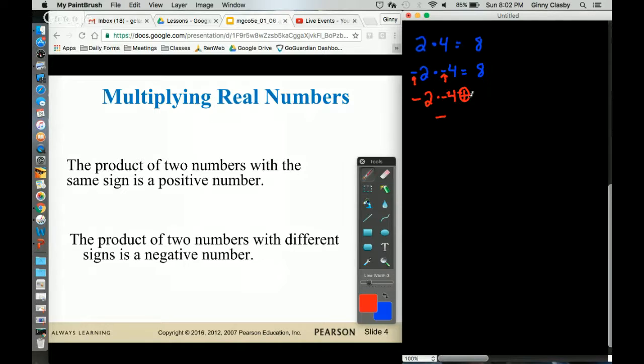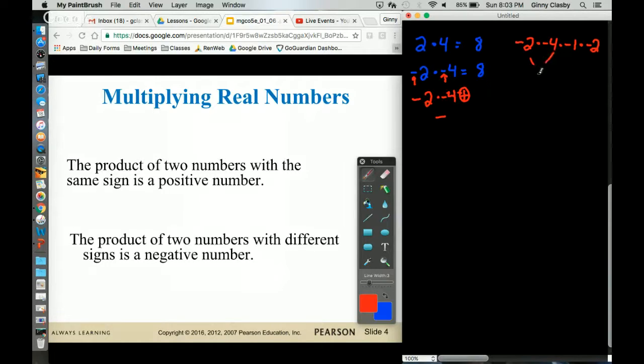So we start off by explaining that it's just product of 2 numbers, but what you're going to see in addition to this is it's really the product of any even number of multiples. So if you have -2 times -4 times -1 times another -2, that's going to be a positive.